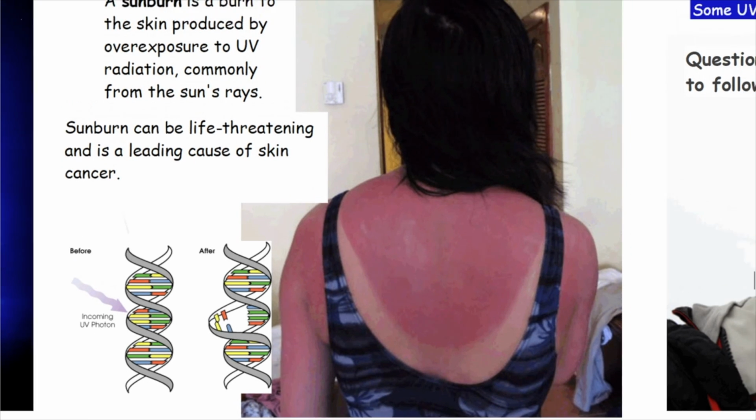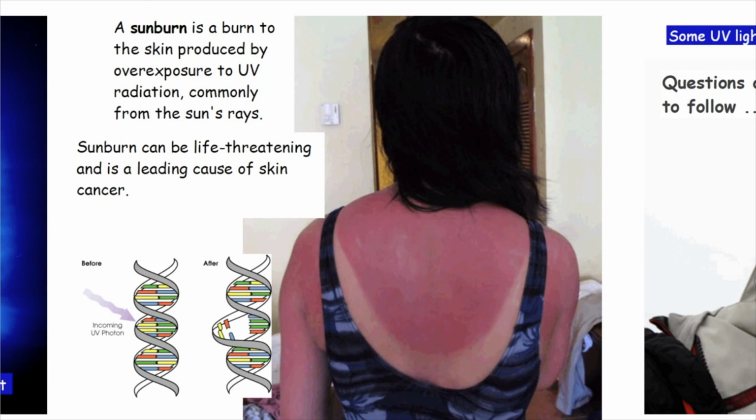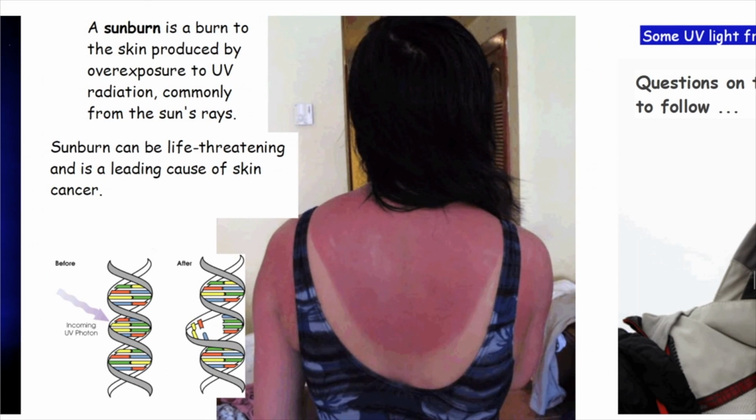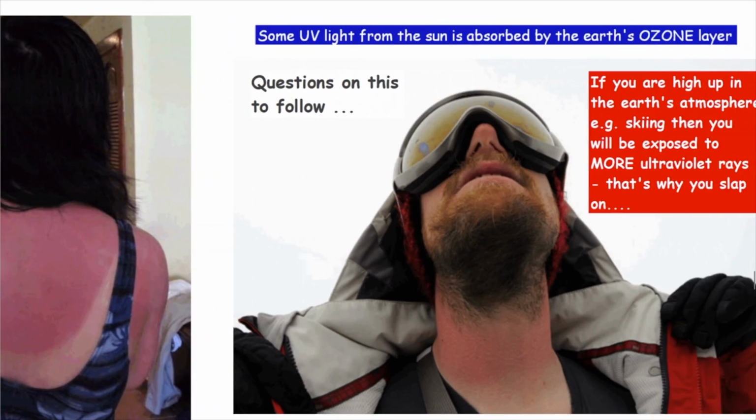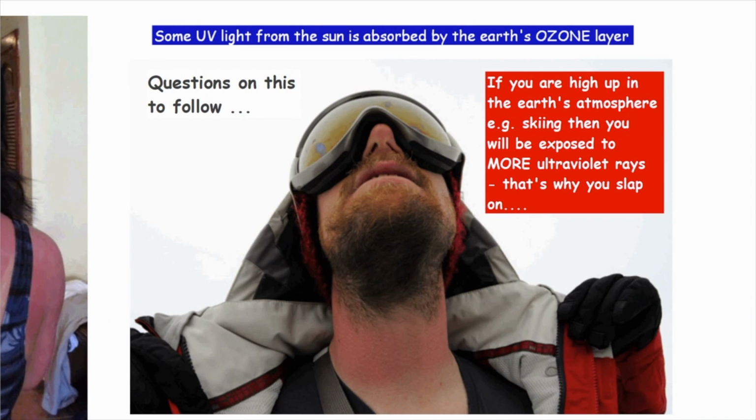You can see a nasty case of sunburn there. Now, some ultraviolet light from the sun is absorbed by the Earth's ozone layer. So that's what the ozone layer does. It can absorb some of the harmful ultraviolet rays. You have questions to follow on this.